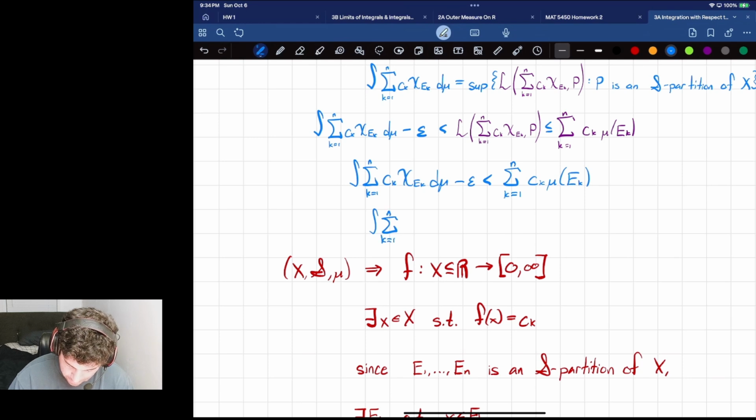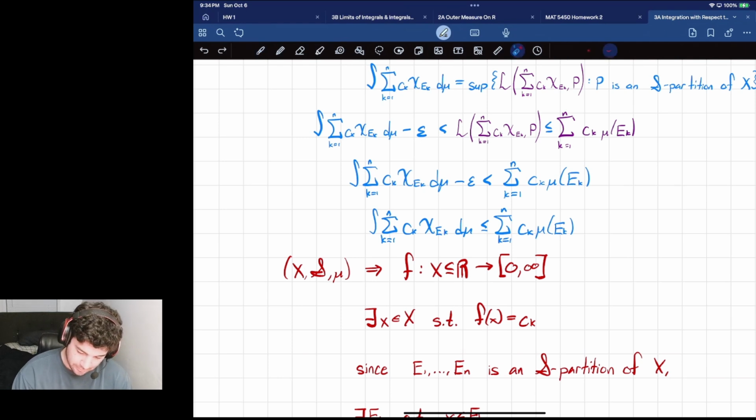The sum from k equals 1 of c_k times mu of E_k is less than or equal to the sum of c_k mu E_k. Right, this is a property for inequalities.